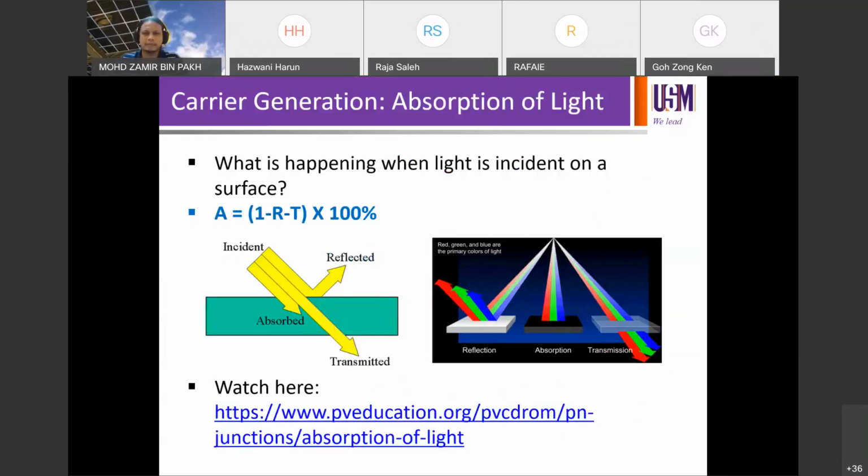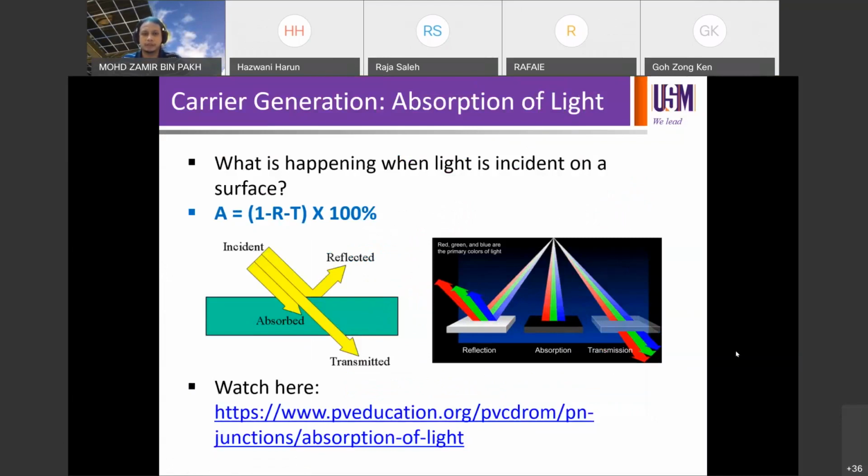So that's exactly what happens when you want to absorb the light, right? Reflection is governed by something else, like Fresnel reflection. Last time we discussed R equals ((n1 minus n2) over (n1 plus n2)) squared, right? Fresnel reflection.